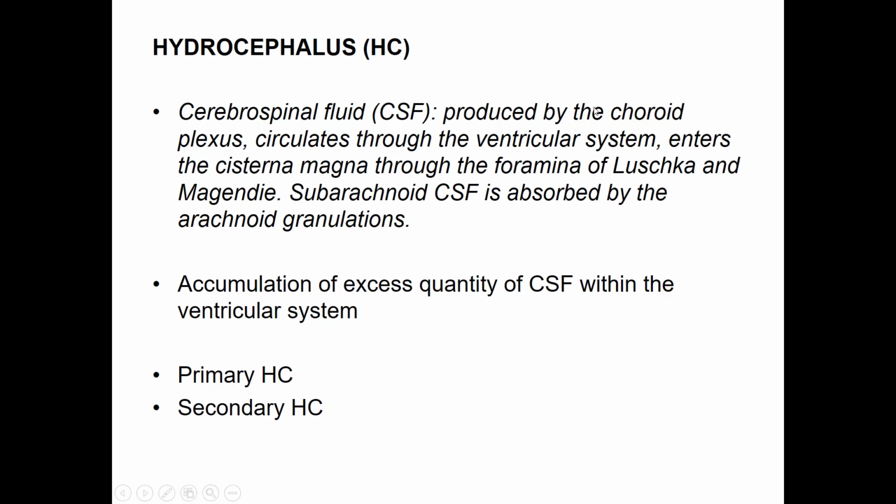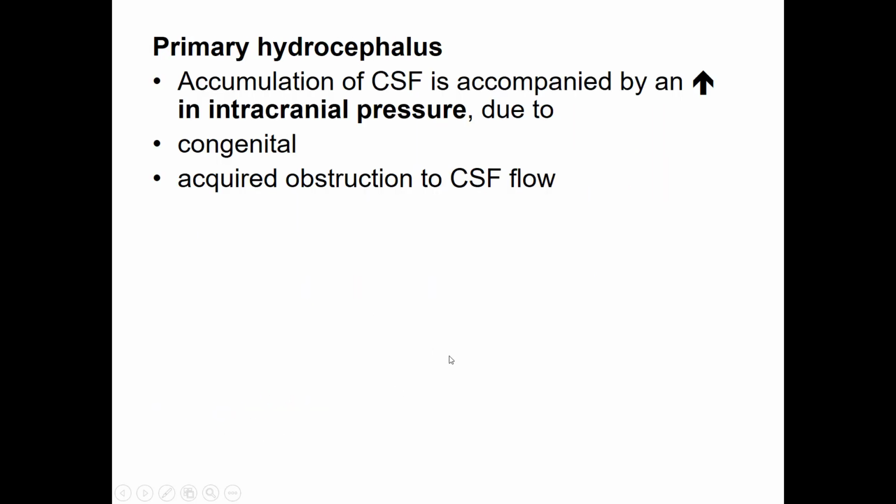The CSF is produced by the choroid plexus, then it circulates through the ventricular system and leaves the ventricular system at the foramina of Luschka and Magendie, entering the cisterna magna, which is an anatomical space containing cerebrospinal fluid. And whether the production is increased or the resorption is decreased or the flow itself is impaired, all these lesions can lead to hydrocephalus, primary hydrocephalus, because later on we are going to discuss the secondary hydrocephalus as well.